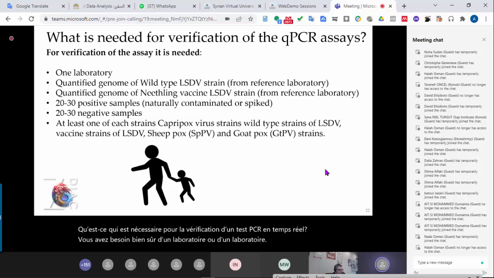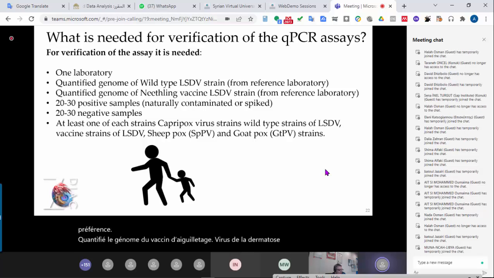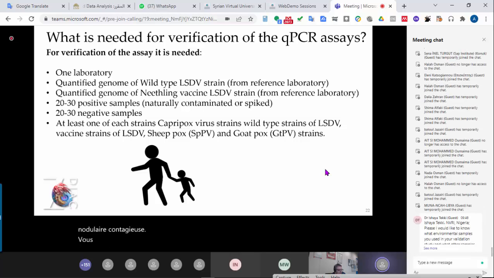You need quantified genome of wild-type lumpy skin disease virus strains, preferably from a reference laboratory. Quantified the genome of Neethling vaccine lumpy skin disease virus strains. You need 20 to 30 positive samples.